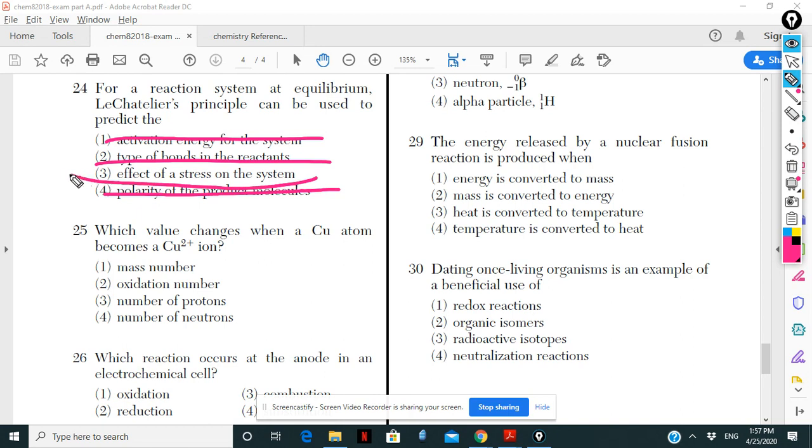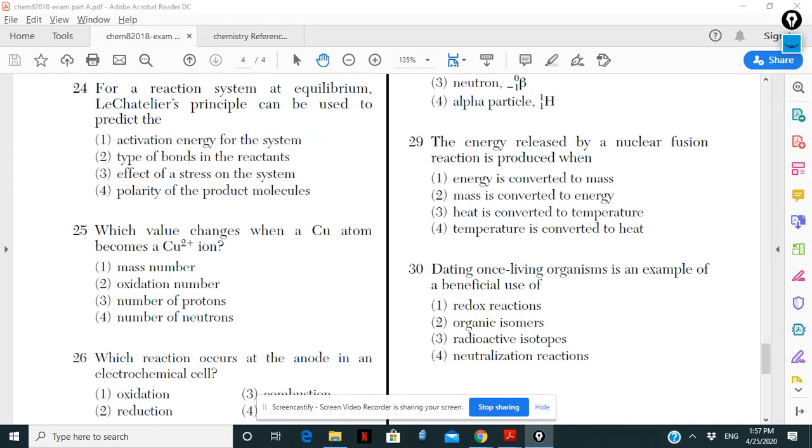He discussed the effect on the system, for example adding pressure, adding temperature, removing temperature. So it's the effect of stress on the system, and stress means anything that is going to affect the equilibrium rate.